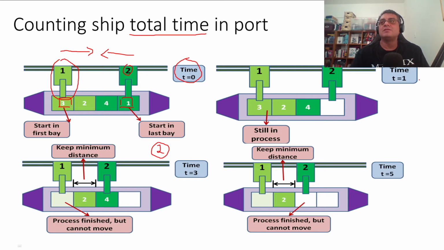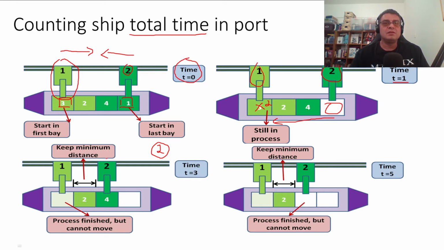So at time one, this quay crane 2 has already finished the work on this bay of the container ship and is going to move in this direction. So this bay is not free. The workload now is 2, but this quay crane is not done in terms of work.